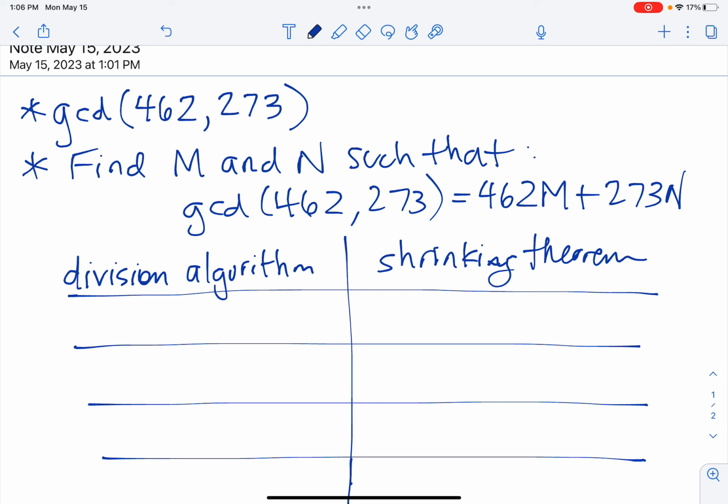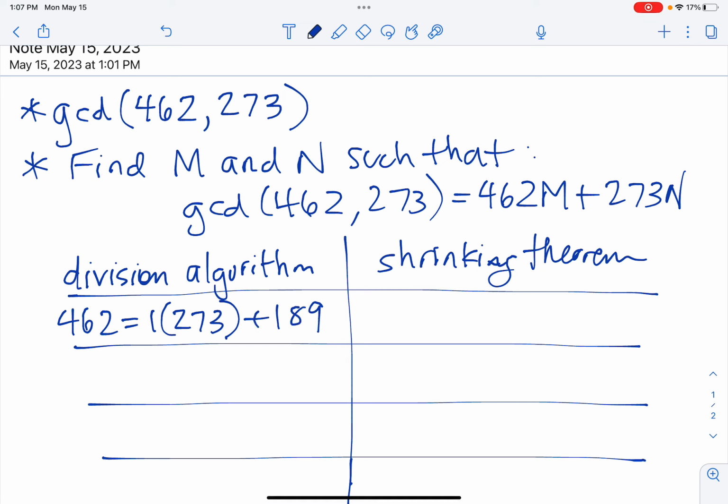The first step is to apply the division algorithm, which basically means you can do division, right? 462 divided by 273. 273 only goes into 462 once. And then if I subtract 462 minus 273, I get 189.